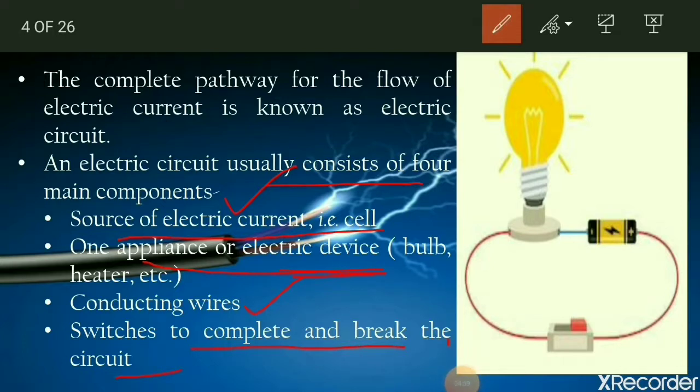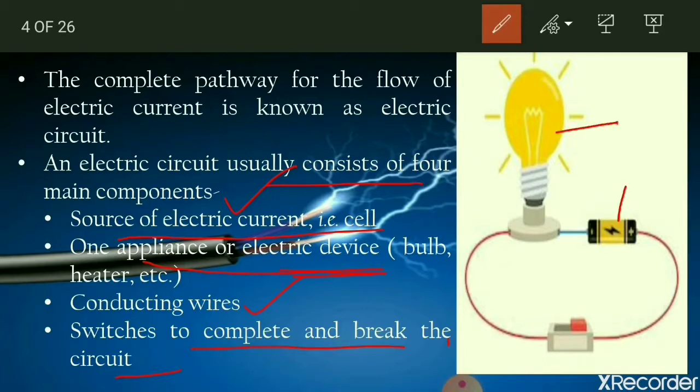So here you can see the diagram of a simple electric circuit. This is the cell, or we can say battery, which is the source of electric current, means it provides the electrical energy, the electric current, in the electric circuit. Then this is the bulb.